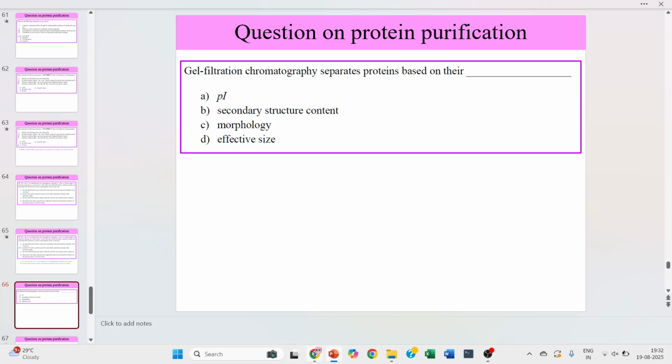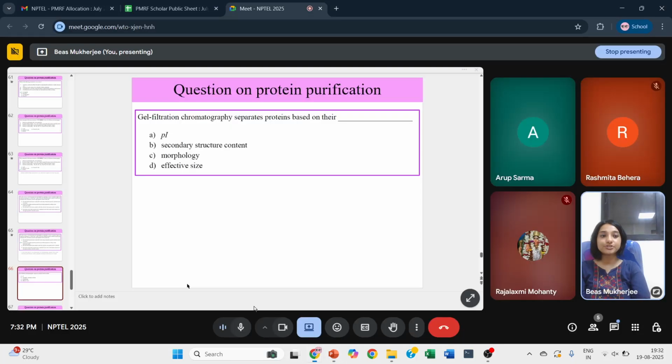Okay. Next one is gel filtration chromatography separates proteins based on their pI, secondary structure content, morphology, effective size. This you people know. Simple and direct question. Tell me.